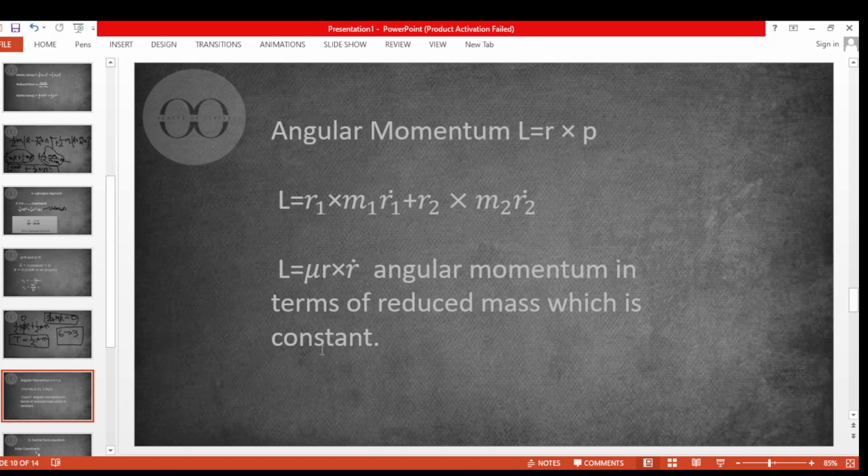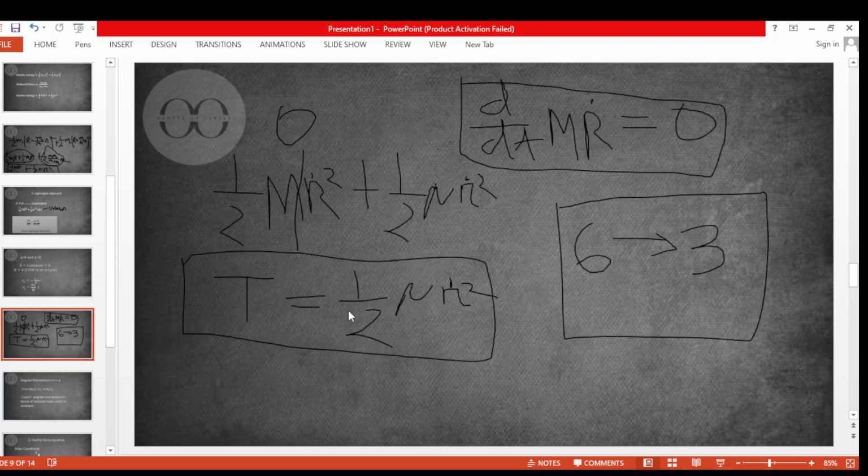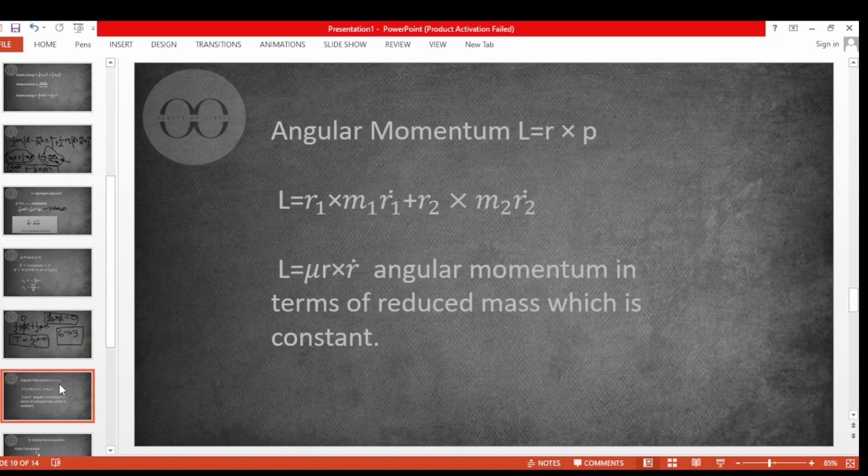So what I was saying previously, that angular momentum is necessary because it reduces the degrees of freedom of our equation. Previously, we established a kinetic energy equation which had 3 degrees of freedom. But right now, with the help of angular momentum, we come into an equation which has 2 degrees of freedom. Why?